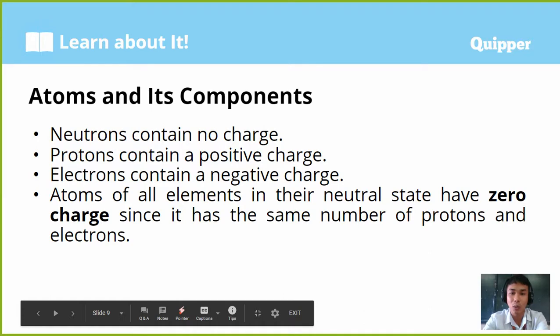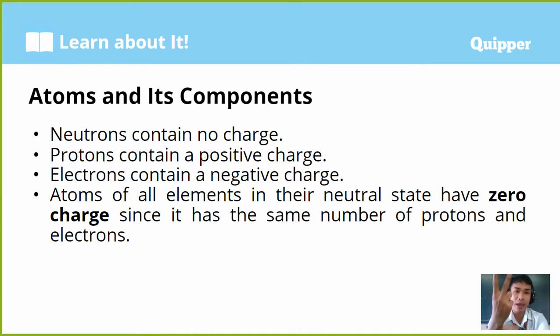What do we mean by this? If two electrons are equated by two protons, the tendency is to equalize, so they will have equal charge. Two positive and two negative could neutralize the charges inside an atom.